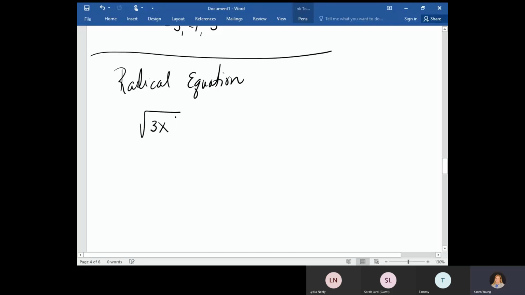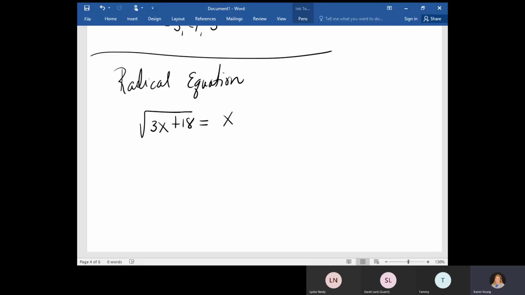So I have the square root of 3x plus 18 equals x. The whole goal of this one, or the first step I should say, is to get rid of the radical. Whether it's the square root, cube root, fourth root, 10th root, 100th root, whatever, we've got to get rid of it.